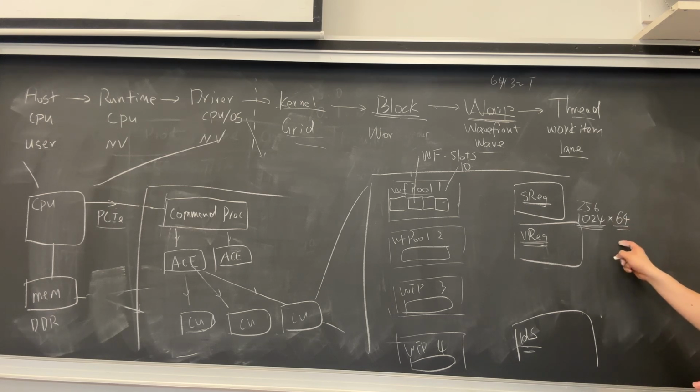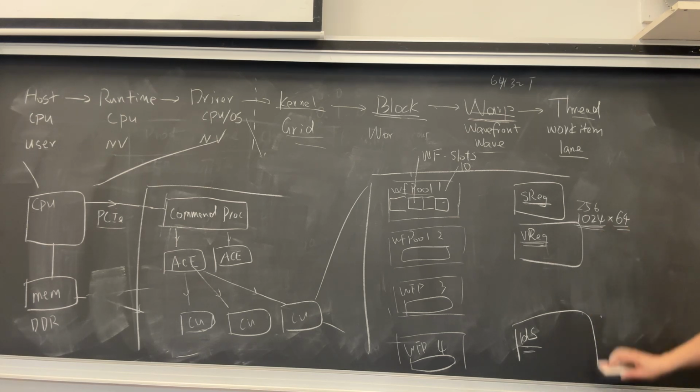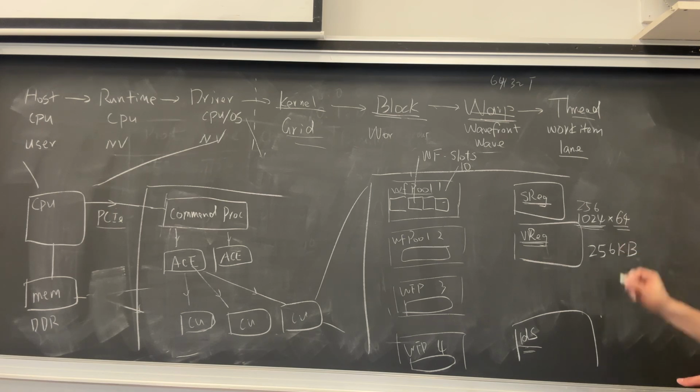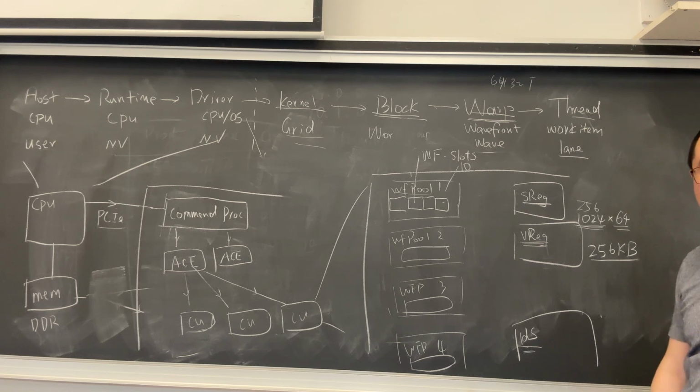So what's the size here? 64K, and considering each register is 4 bytes long, the total size is 256 kilobytes in the registers alone. That's a huge value compared to RISC-V, where there are 32 registers to use.